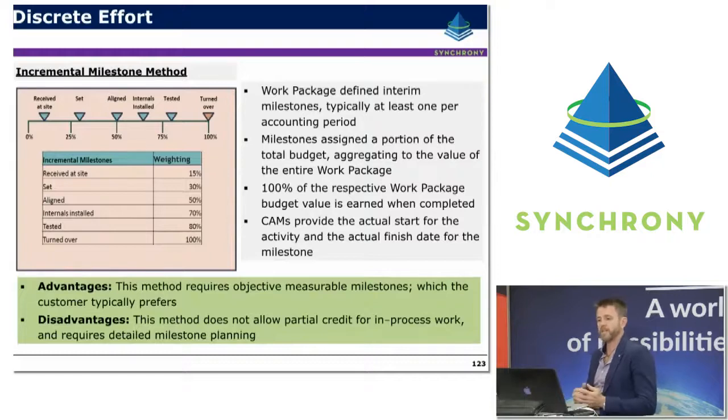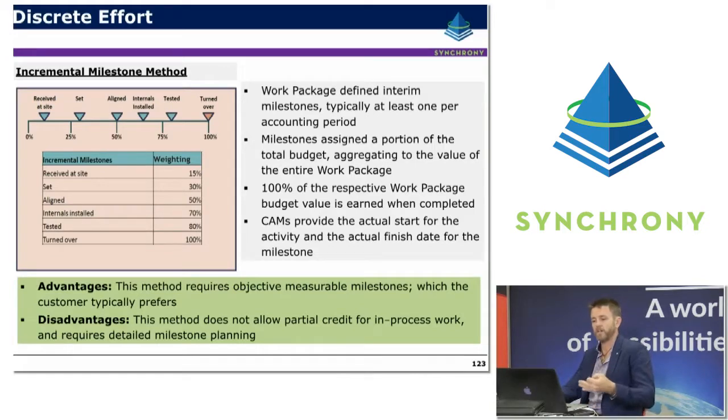So going into a little bit more detail on the incremental milestones method, this is the technique that's used particularly when you have a repeatable set of activities or a repeatable type of work packages. You can set up predefined criteria for how much progress is claimed on those work packages.